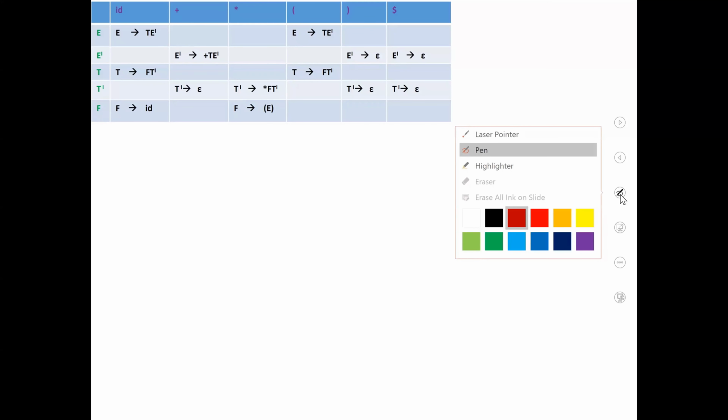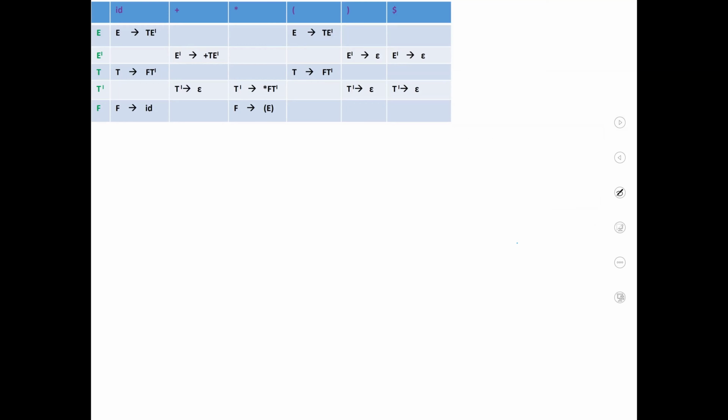Now let's see how to check the validity of a string. We already did it earlier, but we'll do another problem so that things are very, very clear for you. Okay, so as I told you earlier, you should be having 3 columns. You will have a column for your stack, for your input, and for your tree.